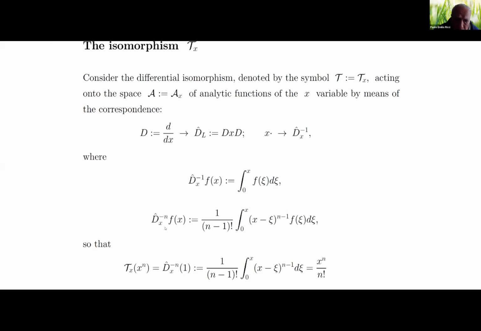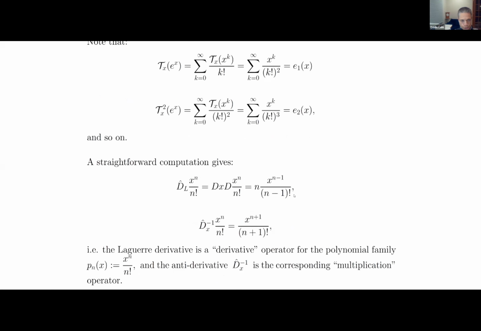In general, the nth primitive is like this, and if you apply this operator to the antiderivative, we find x to the n over the factorial of n. So applying this isomorphism to the function e to the x, the classical exponential, we find the first Laguerre-type exponential.